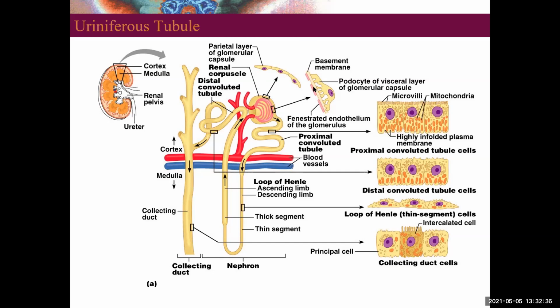That is called the visceral layer of the glomerular capsule. And their structure is like feet. You see, this is the cell, and the cell has a lot of hippopotamus-like feet. So we call them podo, meaning feet, podocytes. And between these two layers, there is a space here, and that is called Bowman's space. You're going to see that later.